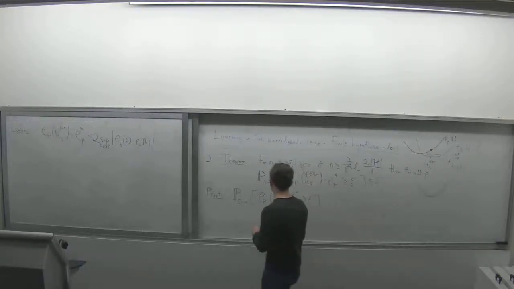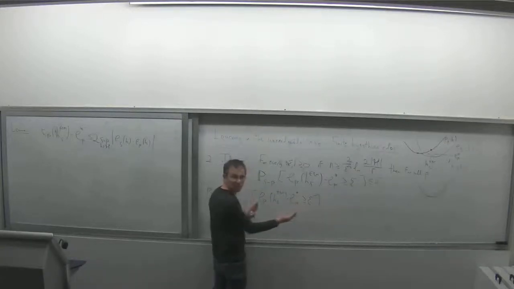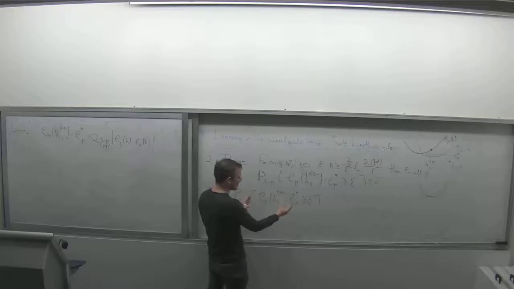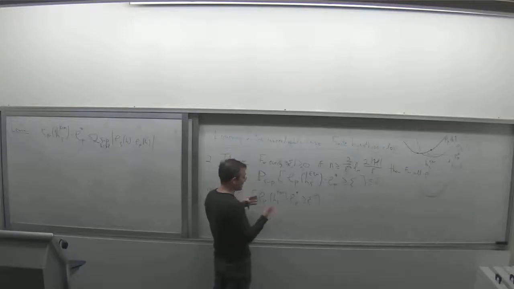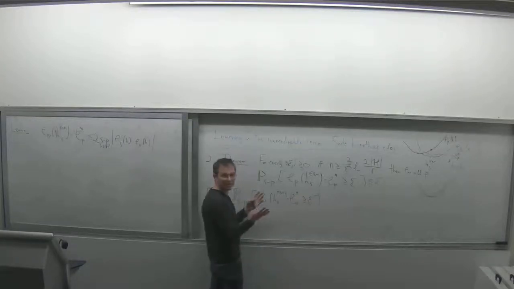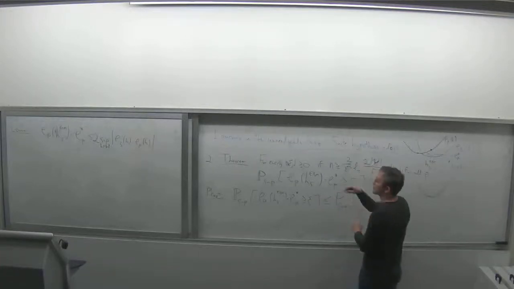This is a random variable, and I'm asking what's the probability this random variable is greater than epsilon. And now instead of this random variable, I'm taking a random variable that is greater. So the event that it is greater than epsilon is larger than the event that the original one is greater than epsilon. So this would be less than the probability of that thing in there.